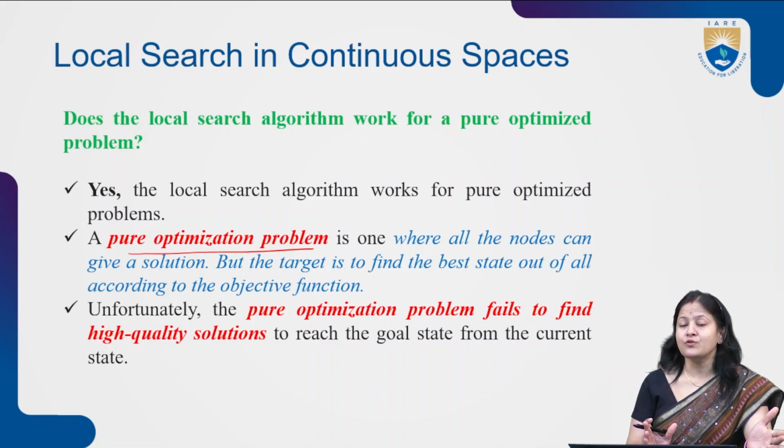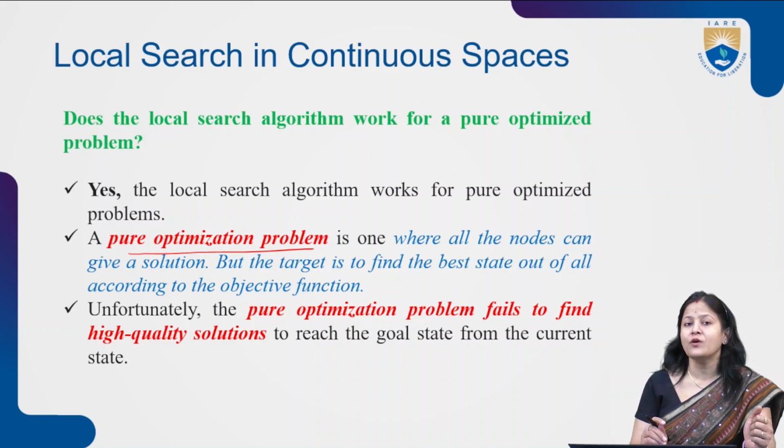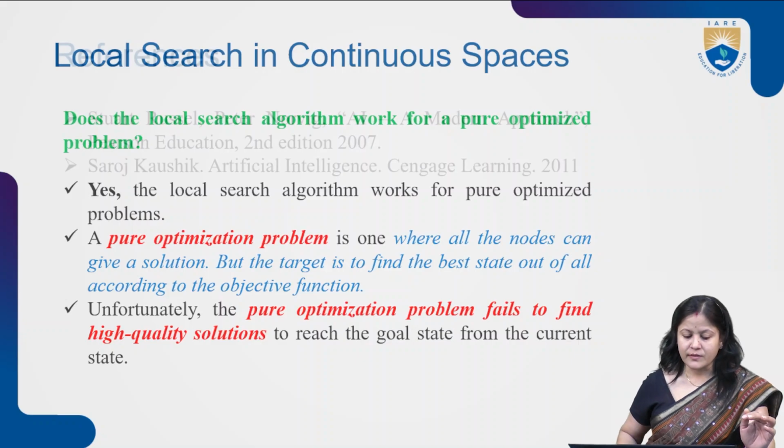As it is applicable to find the best solution among all possible solutions according to the objective function, definitely it can work for pure optimization problems. But the problem is it may not give a high quality solution like our normal search techniques. That is the biggest problem of local search, but approximately it will give you the solution.